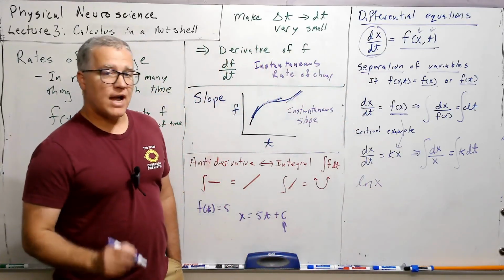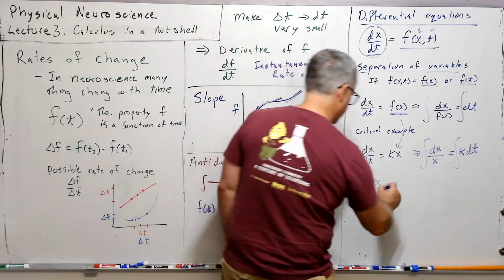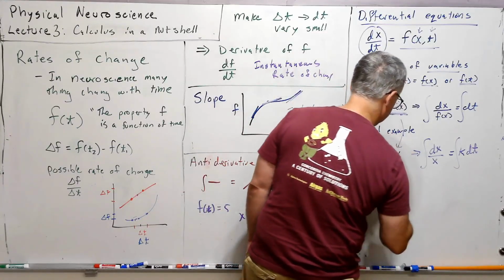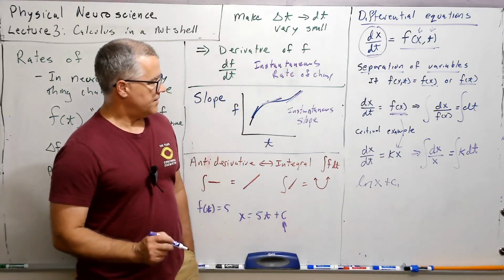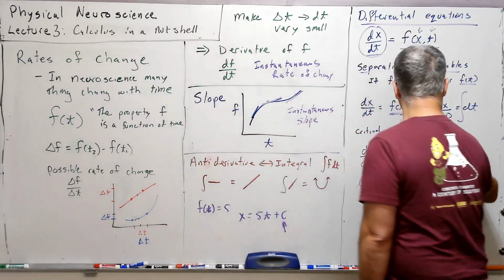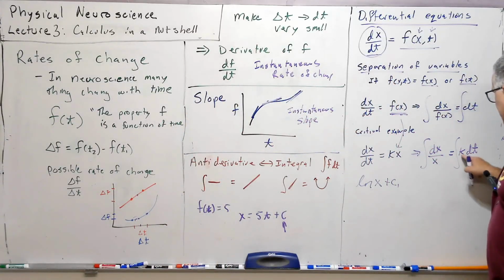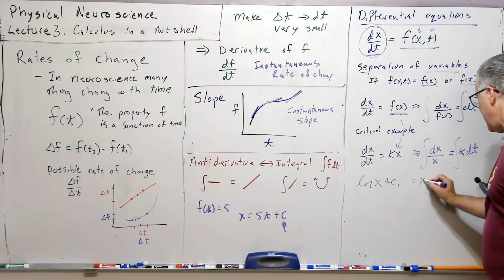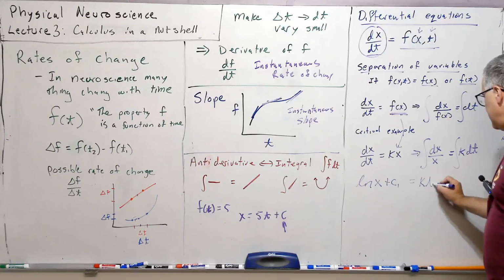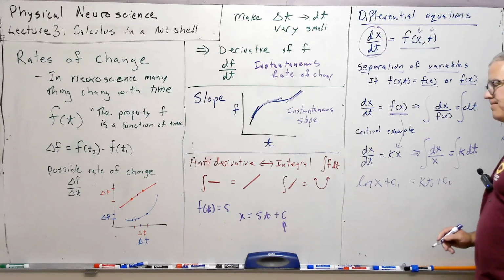Yes, plus a constant, I'll call that C1. And this side is just the antiderivative of a constant, which we said was a straight line. So that's going to be k, the slope, times t plus C2.